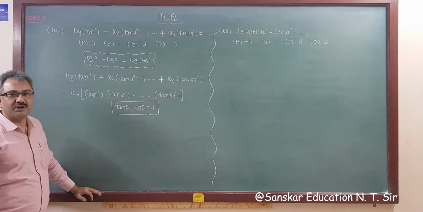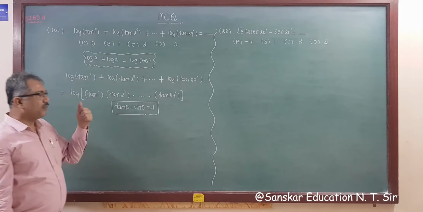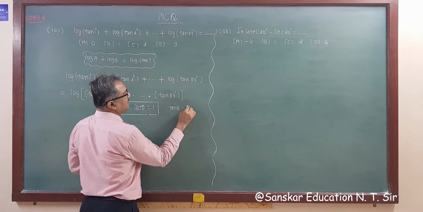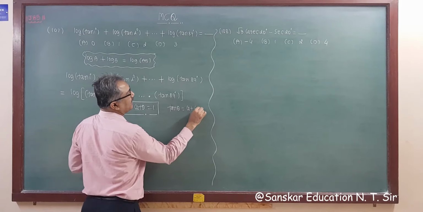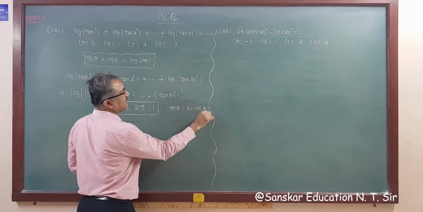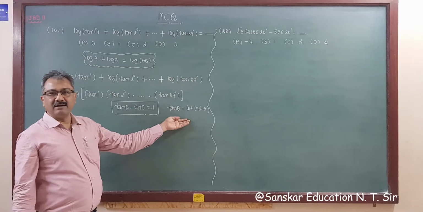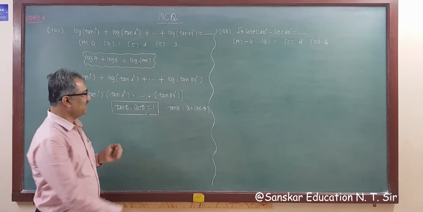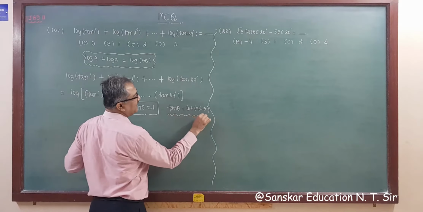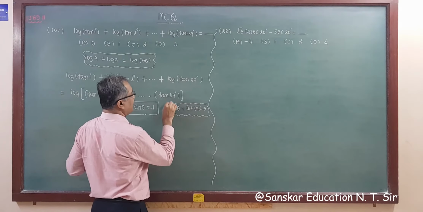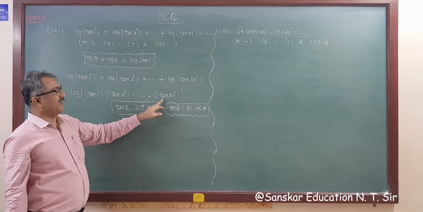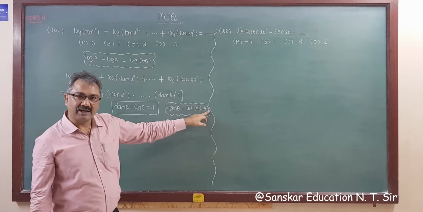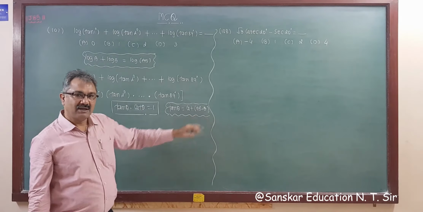And you also know that tan theta is equal to cot 90 minus theta. You learned this in 10th standard also and in this class also, right? So this is another formula that you know. So tan 89 is cot 90 minus 1, that is cot 1, right?